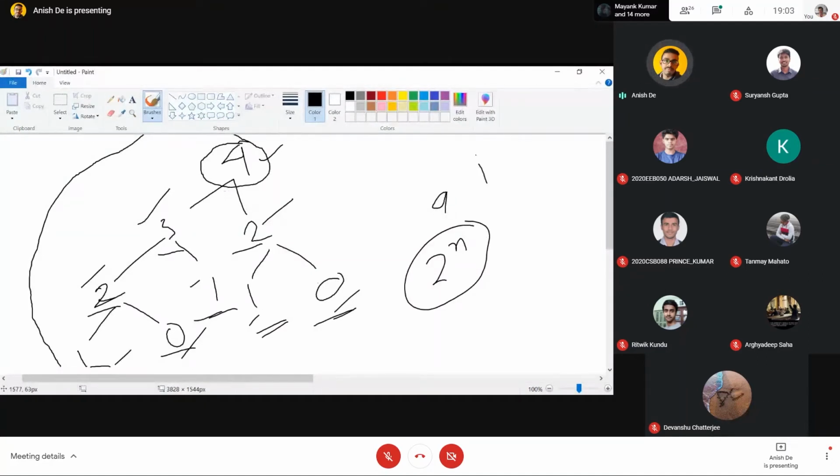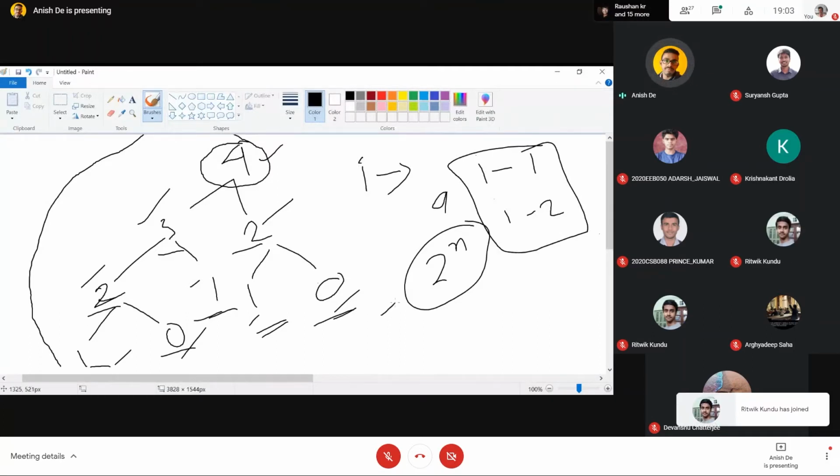First time we are calling it for i minus 1, and the second time for i minus 2. So for calculating every number we have to call it two times, and the time complexity will be around 2 to the power n.